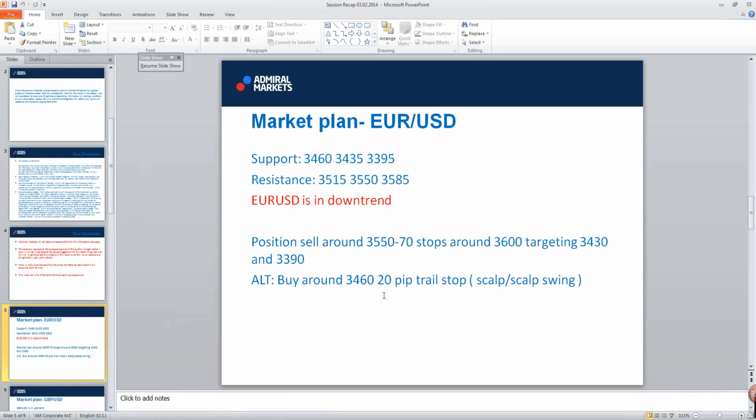For all those who are new to these session recap webinars, where it says position, it means that is the objective position which I would like to kick in first. Alternative is the alternative scenario for a trade. Usually this is the primary, this is the secondary, but whichever comes first.